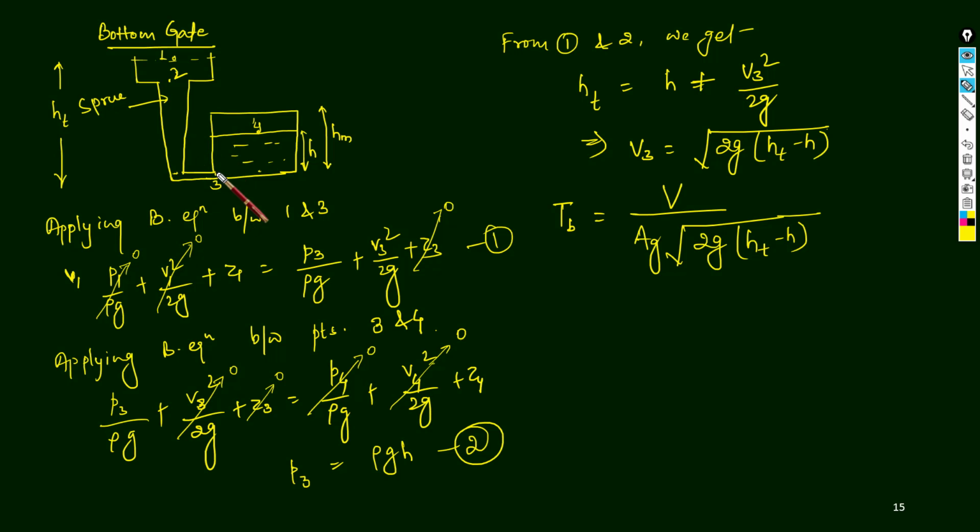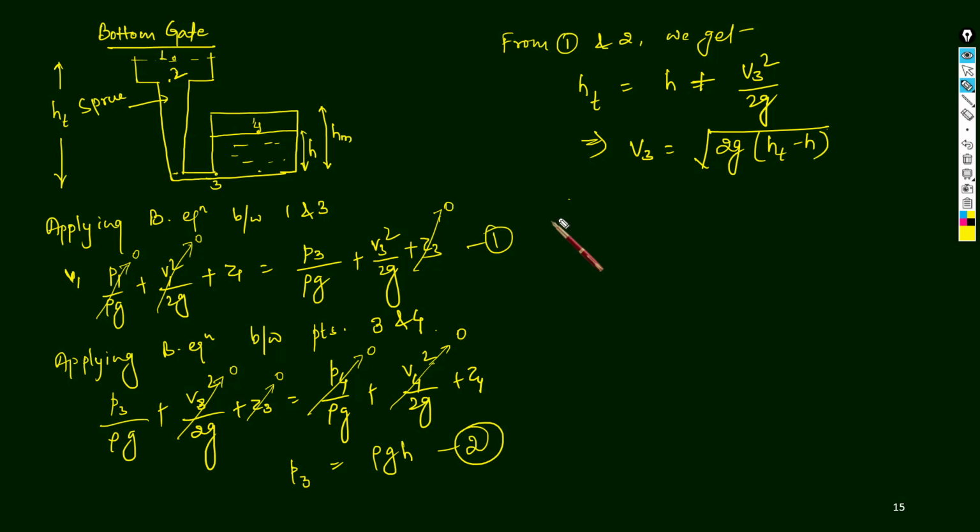We have got the velocity. Oh, sorry, actually this is the velocity at one instant. You see here, this h is going to vary, it's not constant. So how can we say that this is the pouring time? So this is wrong. This is the velocity at an instant, because h is varying.